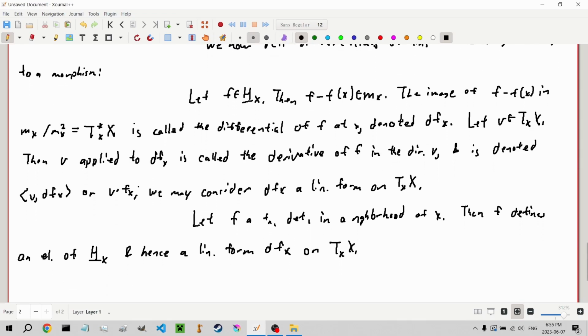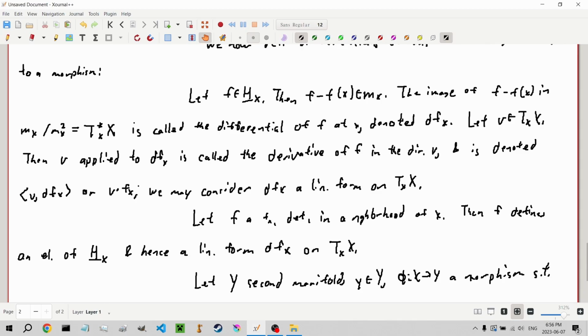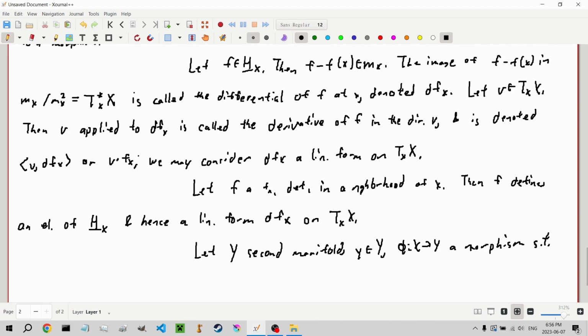We're going to let y be a second manifold. Let an element y of y, and define a map phi from x to y, a morphism between x and y, such that phi of x is y.